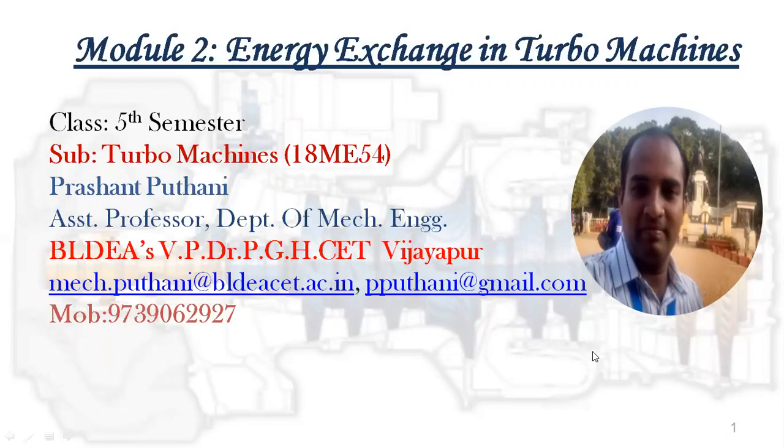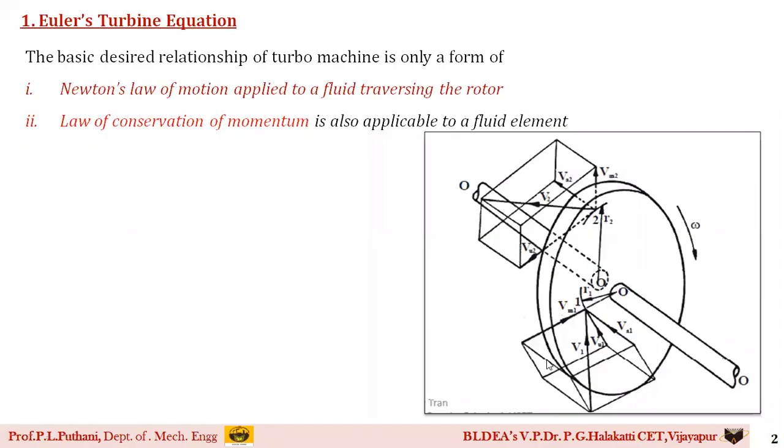With these things, we shall start today the discussion on energy exchange in turbo machines. Firstly, the basic equation is Euler's turbine equation, which is responsible for deriving the energy equation for the energy exchange which happens in the turbo machine.